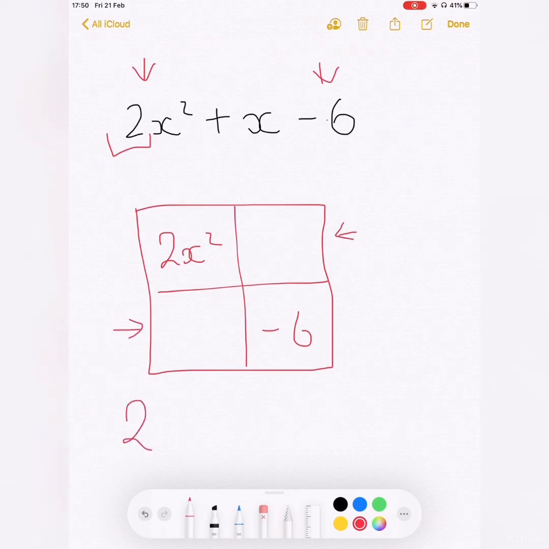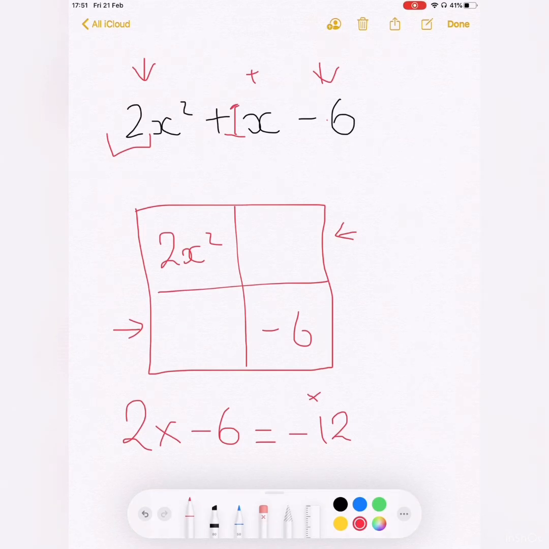We do 2 times minus 6 to give us minus 12. Therefore, these two numbers have to times to get minus 12 and add to get positive 1, because remember, if there's no coefficient, it's actually a 1.